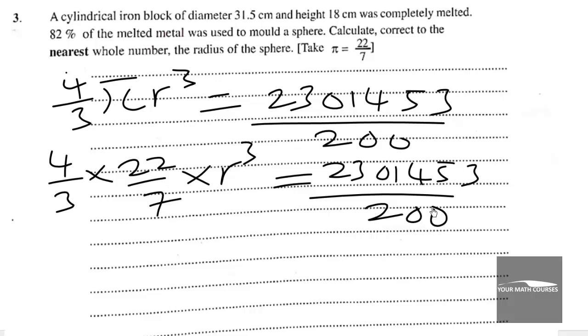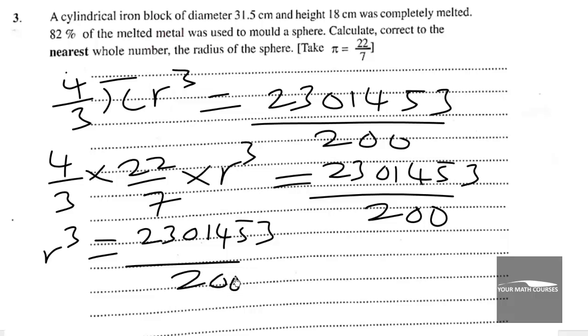So we can divide through by 22 over 7 and 4 over 3. So r cubed will be equal to 2301453 over 200 times the reciprocal of 4 over 3, that is 3 over 4, times the reciprocal of 22 over 7, that is 7 over 22. So r cubed is equal to that.